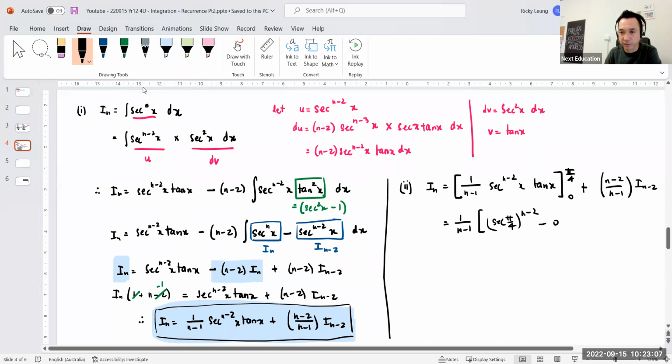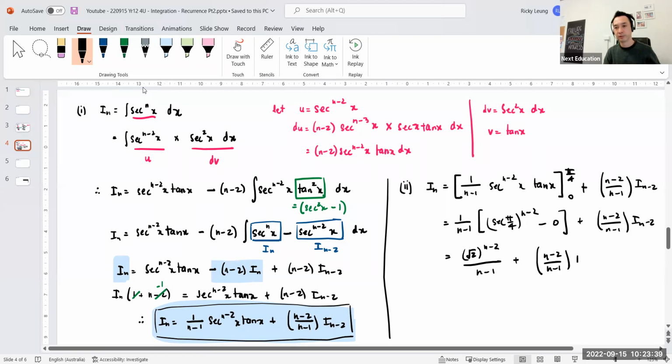So I'm just subbing in the limit to the original recurrence, so I can get a recurrence that's cleaner. Sec pi on 4 is 1 on cos pi on 4, which is 1 on 1 over root 2, so that's root 2. So it'd be root 2 plus n minus 2 over n minus 1 I_(n-2). Yes, okay, cool. Just to get my recurrence.